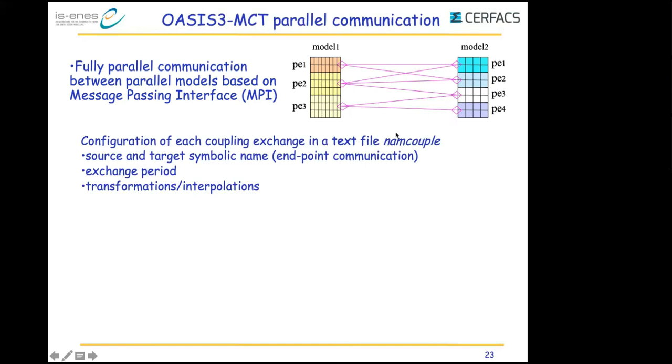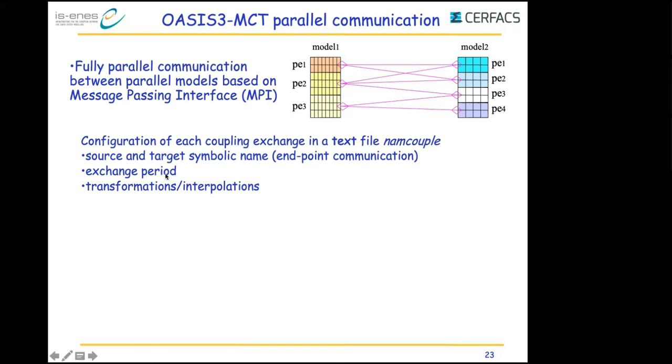As I said, you can adapt your model very generically, and you can configure your coupling exchanges externally in the configuration file, which is called namcouple. That's where you specify the source and the target symbolic name. That's how you make the link between a field that is sent by one model and a field that another model wants to receive.